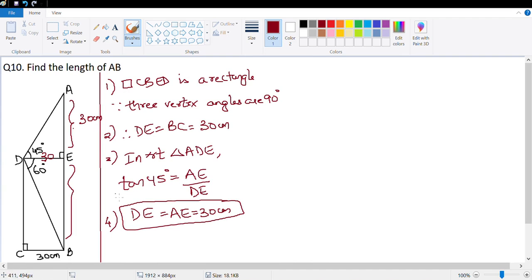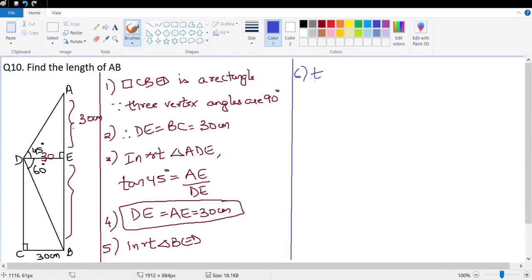Next, we need to calculate the value of EB. So now let's look at right triangle BED. In right triangle BED, I have the reference angle as D, which means the side that we need to calculate is the perpendicular and the base is given. So tan again.